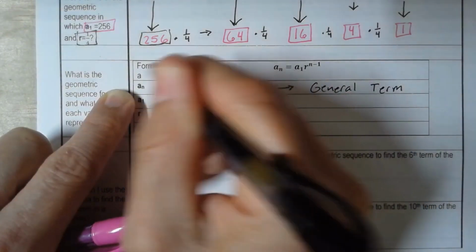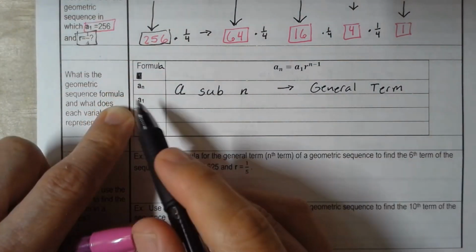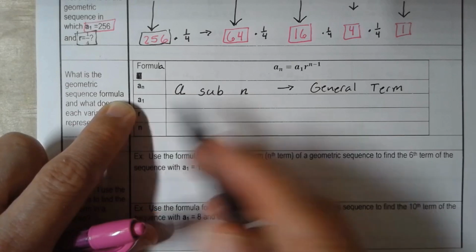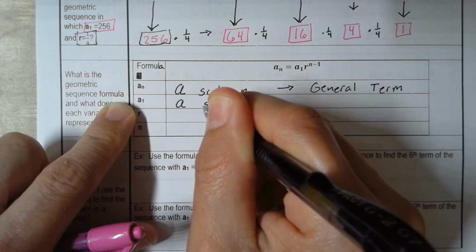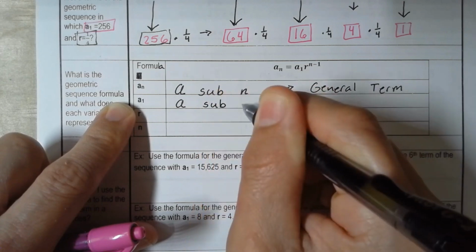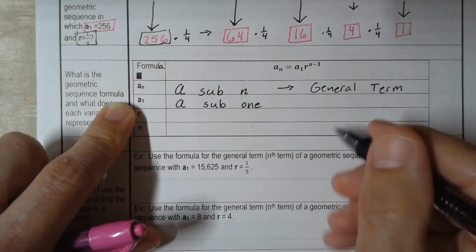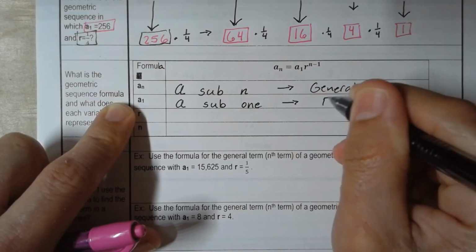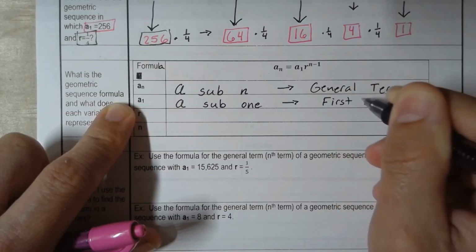On this next one, notice it says a sub 1. So a sub 1 is me saying really fast a sub 1. When we talk about that particular term, it actually means the first term in the sequence.